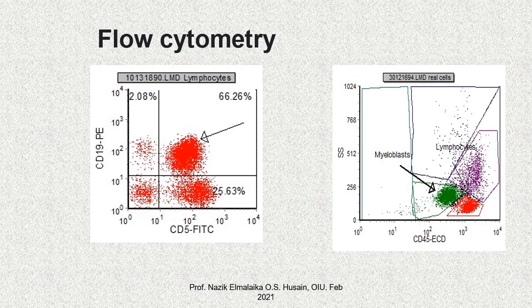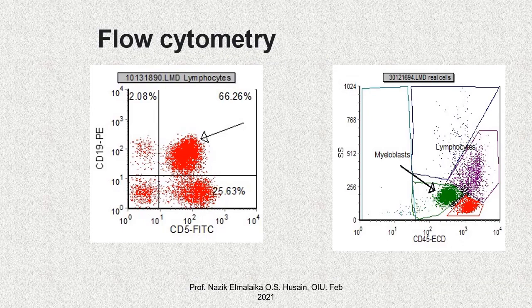In this case, these cells are shown here expressing CD19, CD cluster of differentiation. CD19 and CD20 are B cell markers. So these are B lymphocytes, and also expressing CD5.